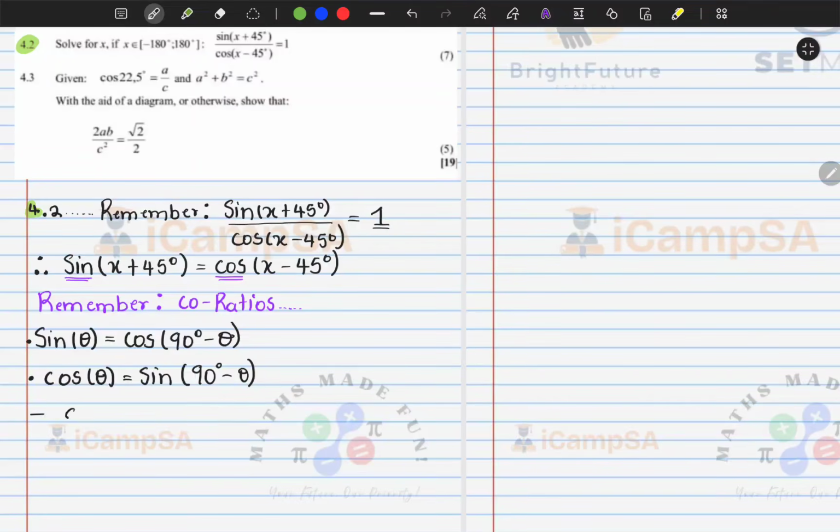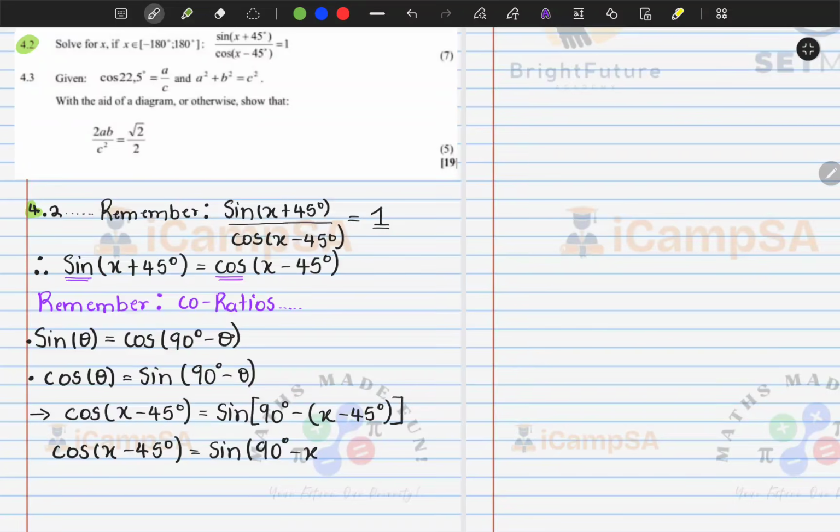Well, it means the following. It means I can take cos of x minus 45 degrees and write it as sine of 90 degrees minus x minus 45 degrees, like that. So which means this cos of x minus 45 degrees can be written, if you observe carefully, as sine of 90 degrees minus x, then the other minus will end up adding with the 45 like that. Okay.